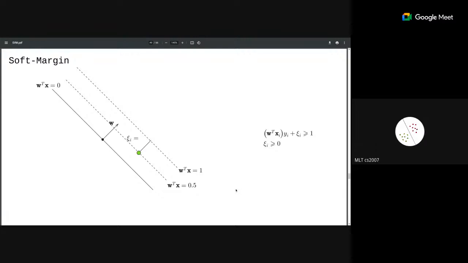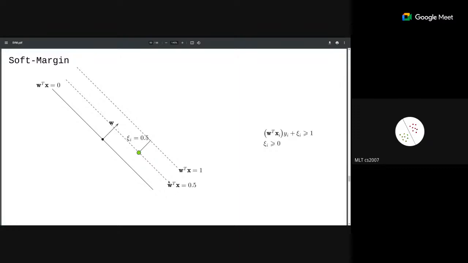Now, how much bribe should I pay for this green point so that it goes to the right side of the margin? 0.5, right? That is correct. So you can now treat this as a distance, right?